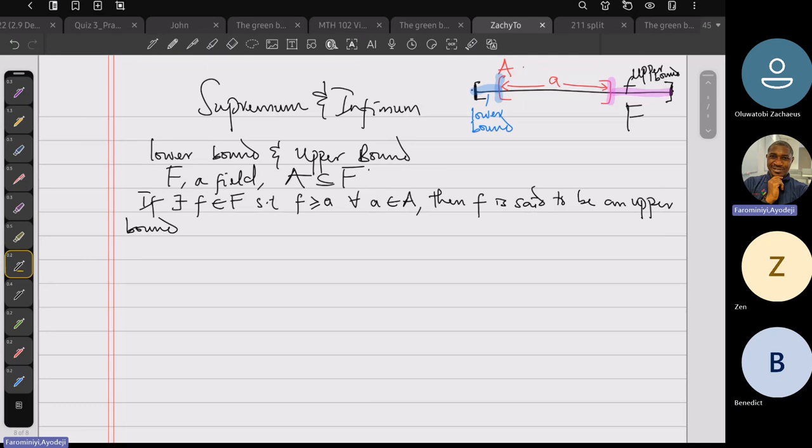So it is greater than or equal to. It can be strictly greater than, and it can be equal to, and that is why the endpoints of A are included.